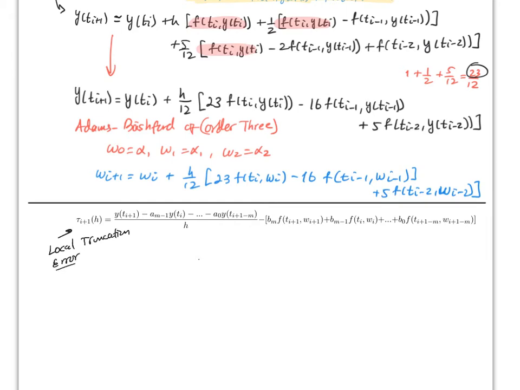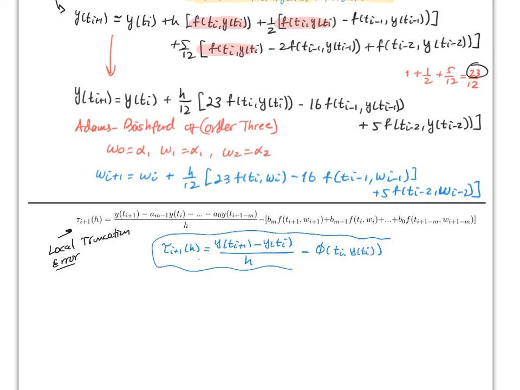Also remember, in the past, meaning the last few sections, tau i plus 1 of h was equal to y of ti plus 1 minus y of ti divided by h minus some phi function that depends only on ti and y of ti. So this is what we have before.